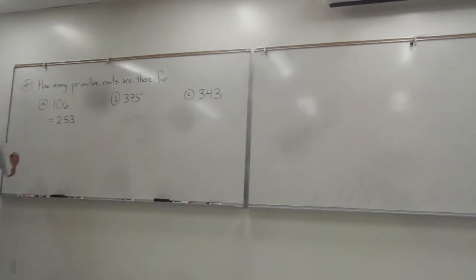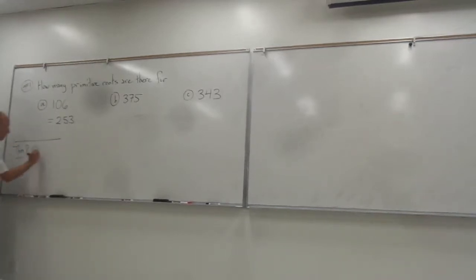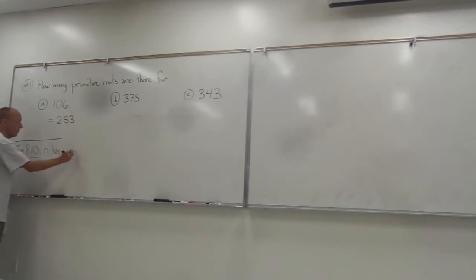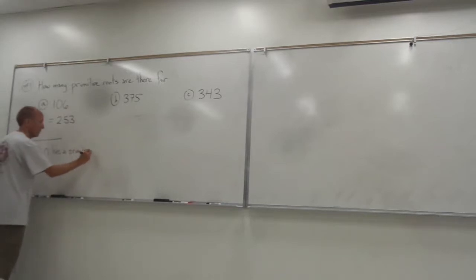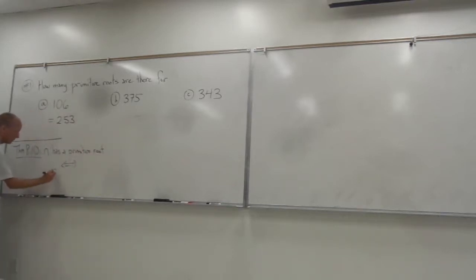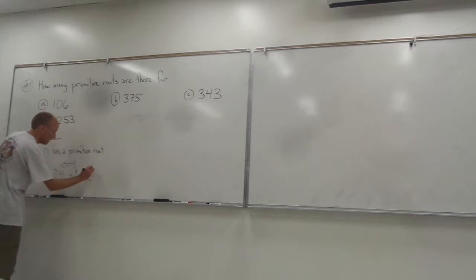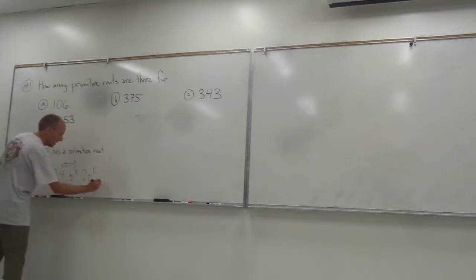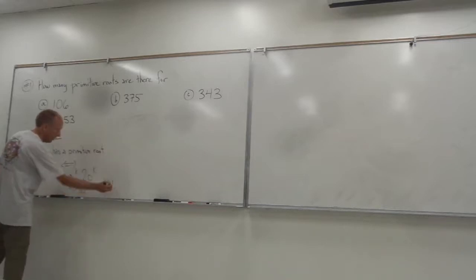Let's just review that theorem right now. I think it's theorem 8.10. I just want to get this reviewed right away. So n has a primitive root if and only if, can somebody remind me, what are the possibilities? 2, 4, p to the k, and 2 times p to the k, and here p is odd, and k is at least 1.